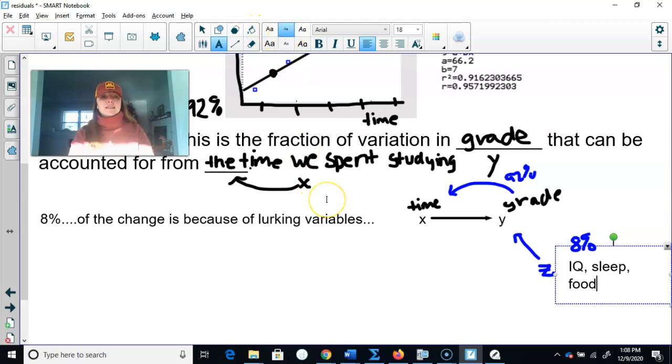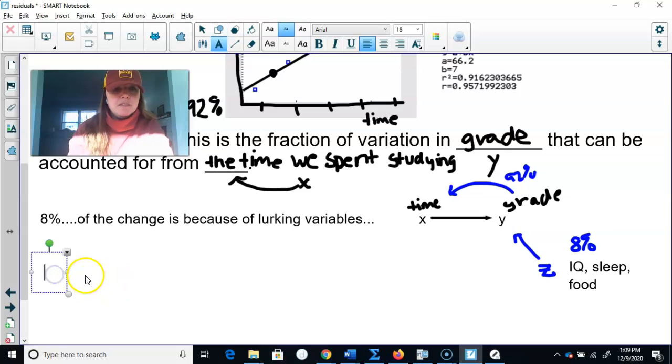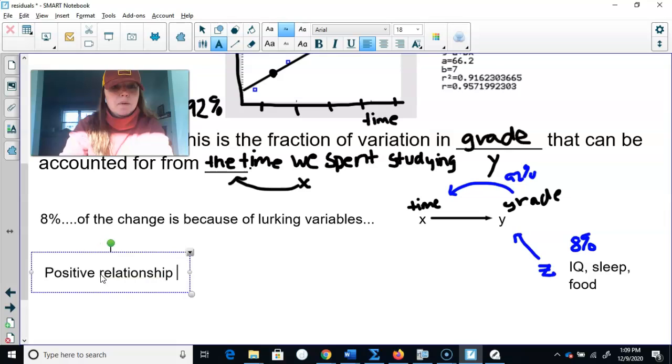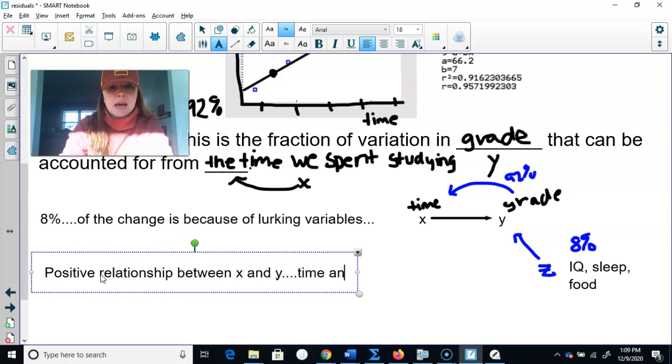Now, the last thing that you need to know, when we're talking about one thing influencing the other, is we can say that there is a positive relationship between X and Y, between time and grade.